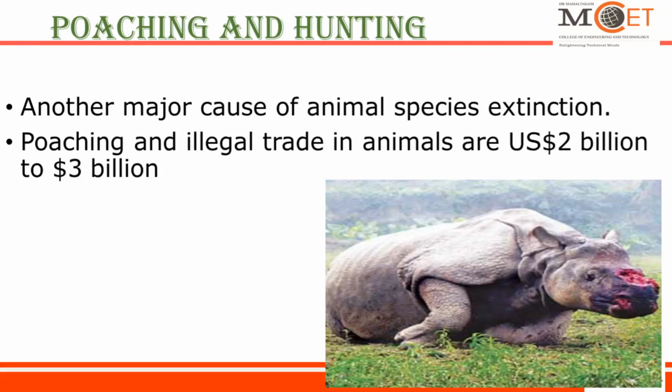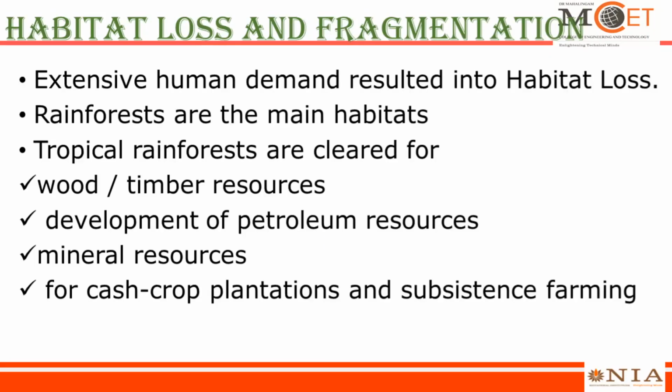Poaching and hunting. Another major cause of animal species extinction is poaching and hunting. Poaching and illegal trade in animals are about $2 billion to $3 billion US dollars. Extensive human demand has resulted in habitat loss.